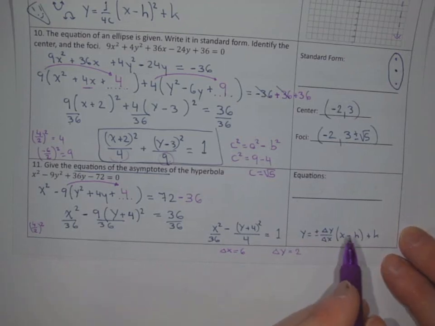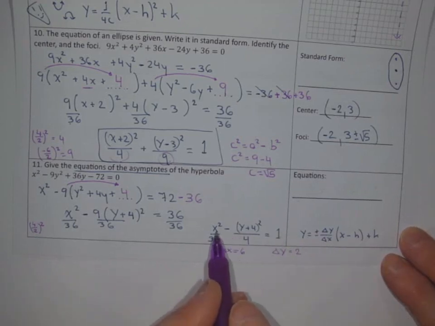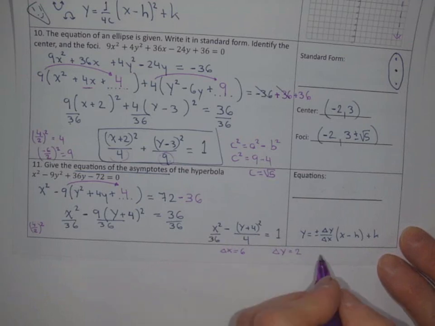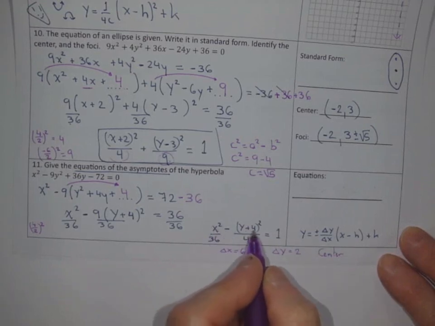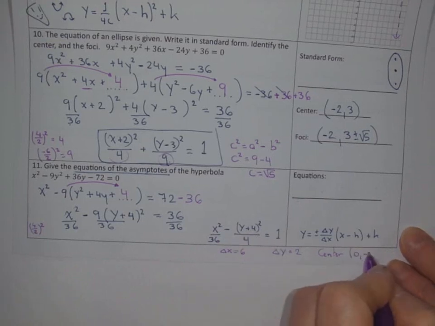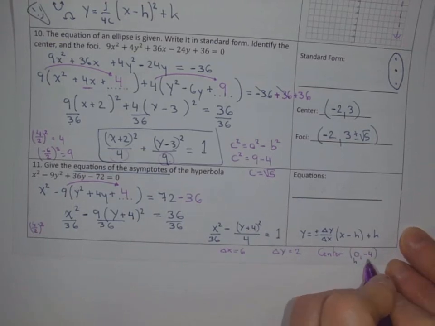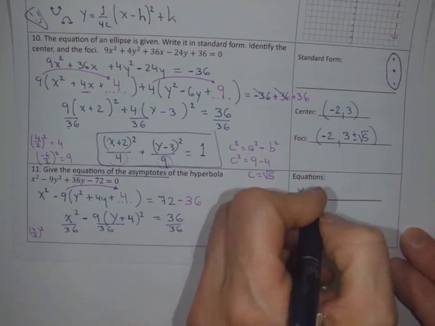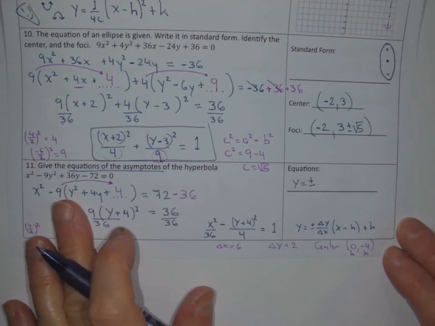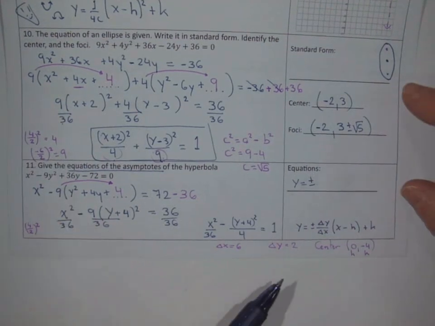So now I can write my equation. My h value, the center of this hyperbola, will be at 0, -4. And that will be my h and my k, right? So we have everything we need to write the equation. So it will be y equals plus or minus. Don't forget the plus or minus because you need one asymptote to go up and one asymptote to come down.